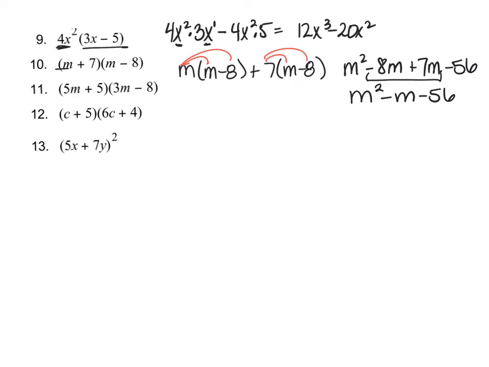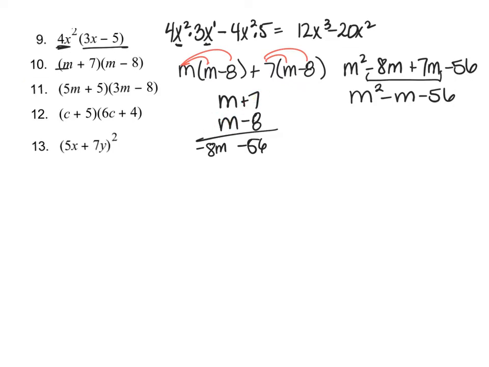Now another way I showed you was to do this vertically, like you used to multiply numbers, m plus 7 times m minus 8, and we multiply the negative 8 times the 7, and we get negative 56. Then we multiply the negative 8 times the m. We get negative 8m. And remember, I'm just showing a different way to do the problem.